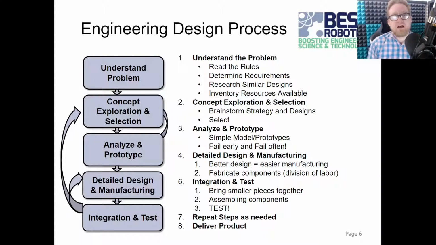You may have some kind of scoring matrix or design decision matrix where you are deciding what ideas and what options you may go with based on a number of criteria. Or it may be as simple as I like this idea. I think it has merit. I would like to go forward with it.